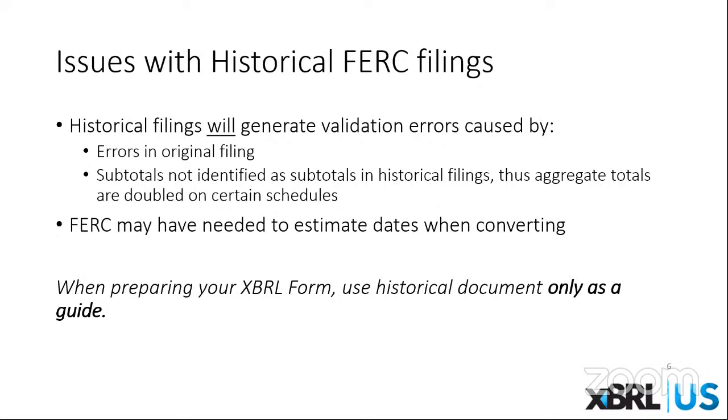Two, the other reason you're going to get errors is that a number of the schedules were very free form, and the instructions required that you put the data in and then provide subtotals based on certain classifications, and then roll it down to a total. Now, where those subtotals were in the schedule was never predefined. It wasn't necessarily on any given row, and there was no standard way to identify what a subtotal was.